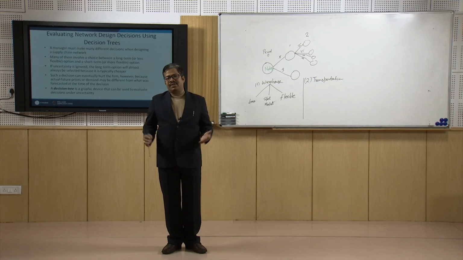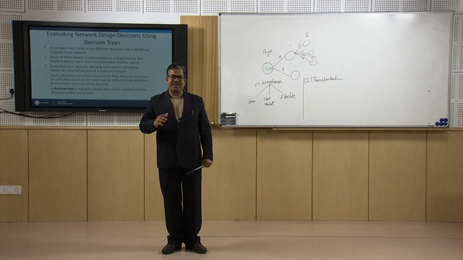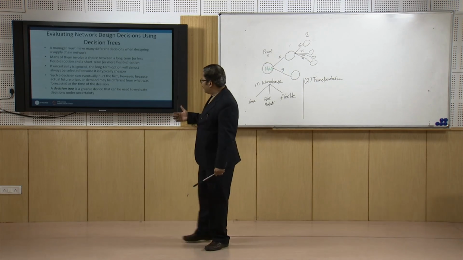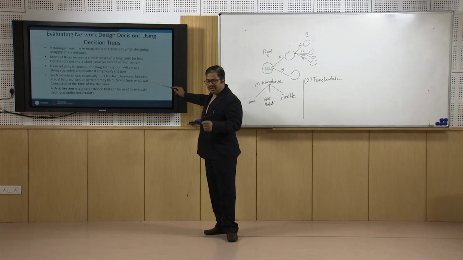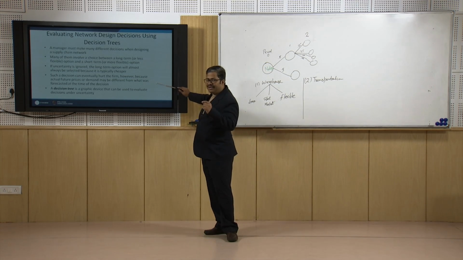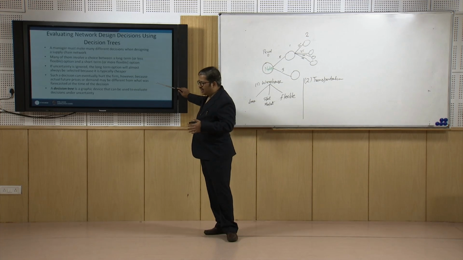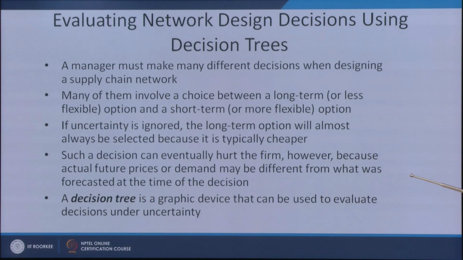So all these things will contribute towards making our initial decisions slightly costlier. Therefore we should include elements of uncertainty in our decision making, and in that case our decisions will be more realistic.